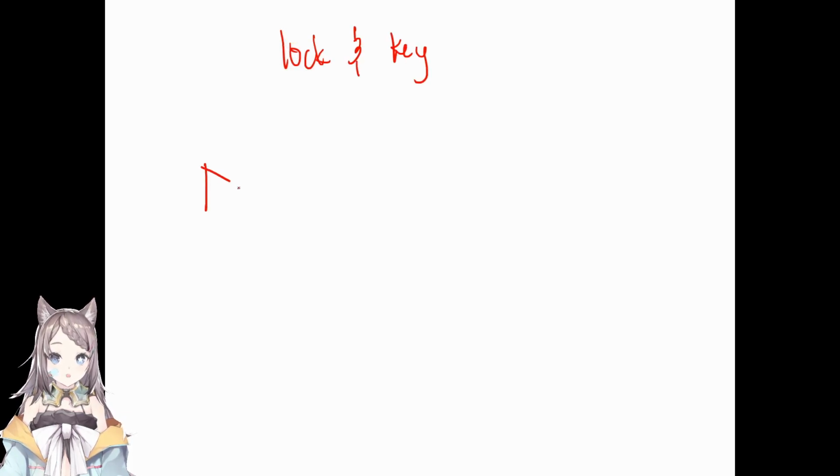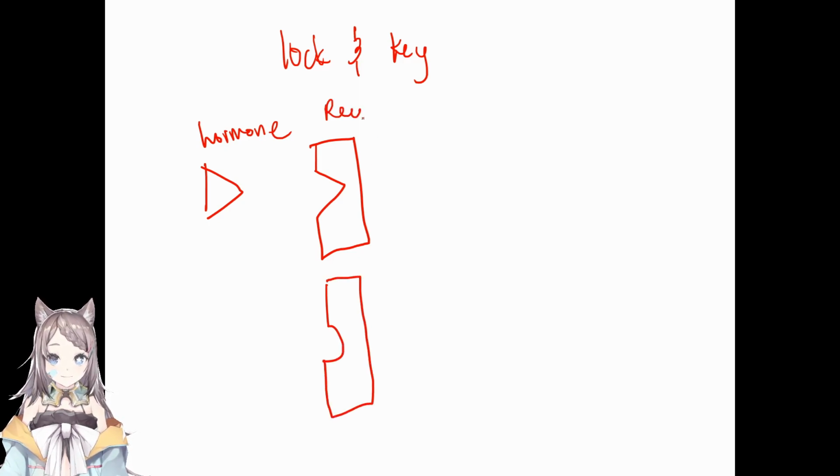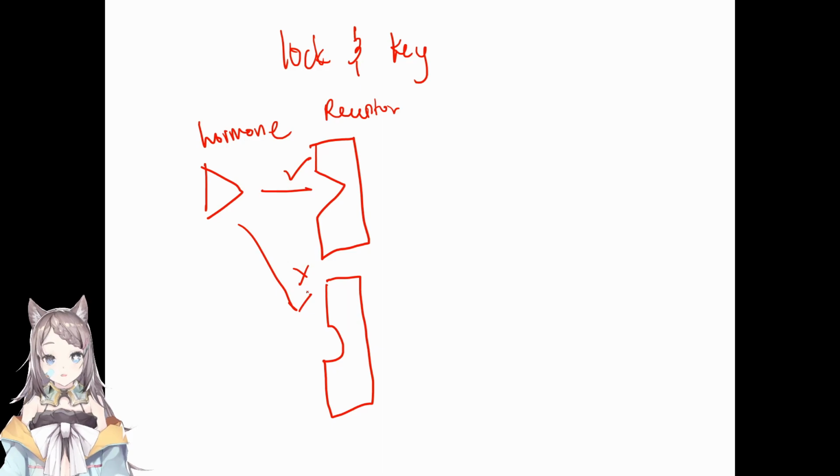If your hormone is shaped like a triangle, the receptor should fit that shape. If your receptor does not fit that shape, this will bind, but this will not. That is called the lock and key model.